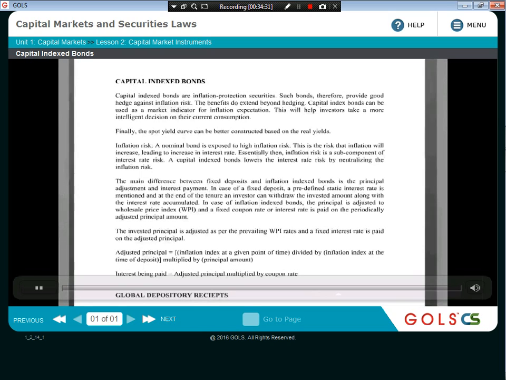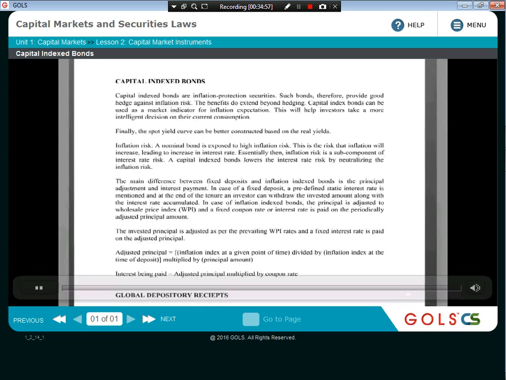So if you have ₹1,000 as your principal at 4%, and tomorrow the inflation is say 6%, so there is a gap of 2%. So if there is a gap of 2%, your principal is adjusted upwards. Now there is a formula that is given. How do you calculate the adjusted principal? Inflation index at a given point of time, so let's say the inflation index is 8, divided by inflation index at the time of deposit.